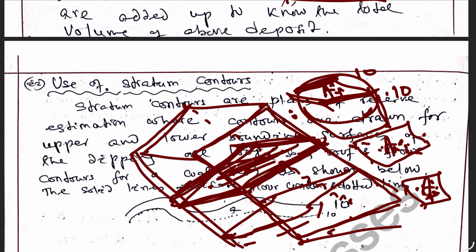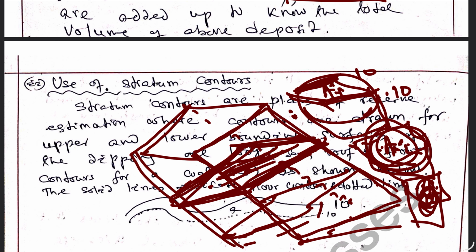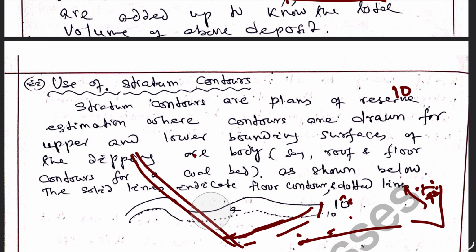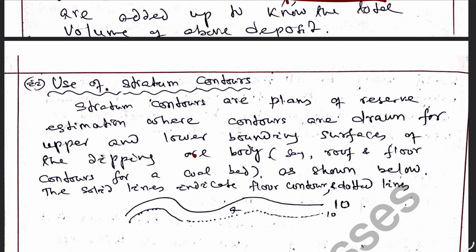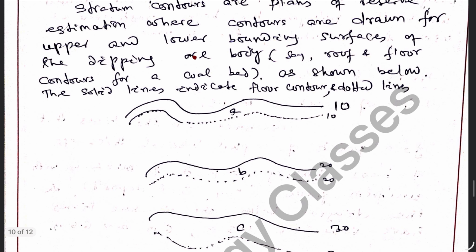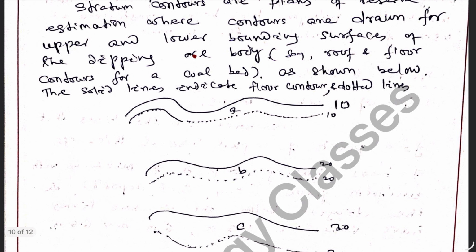Then A2 with depth 10 meter, the volume of A2 is found out. Then A3 into its depth, the volume of A3 is found out, and they are added up to give the total volume. So stratum contours for upper and lower surfaces are found out, the area between them is found out, and the depth extension of the whole body is multiplied with that to give the volume.